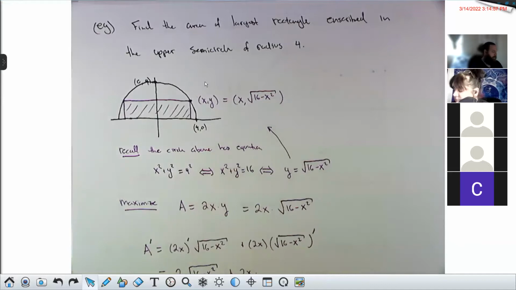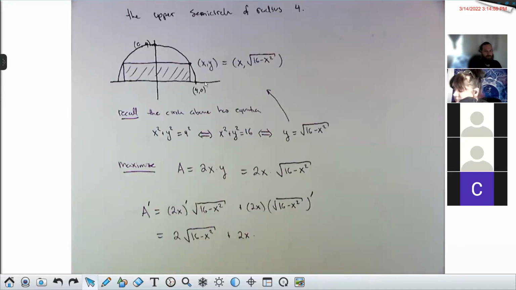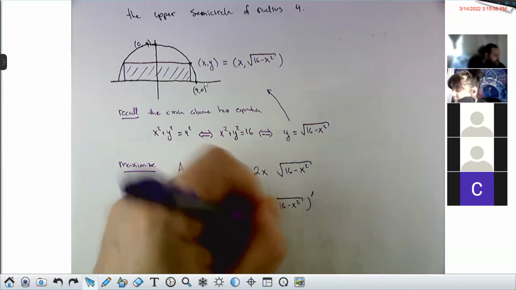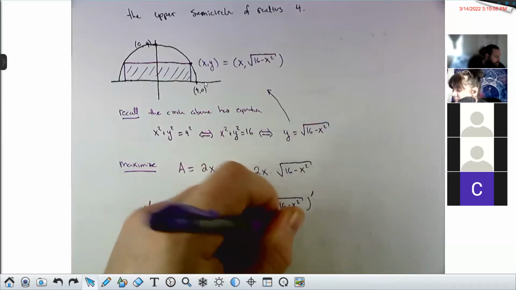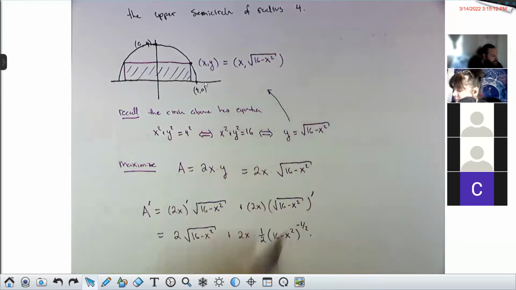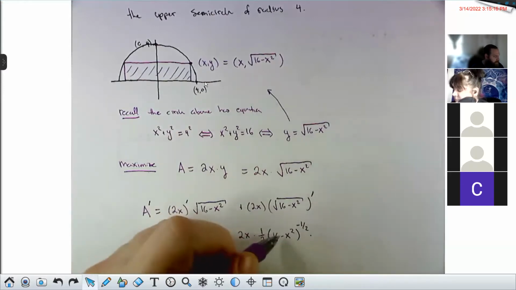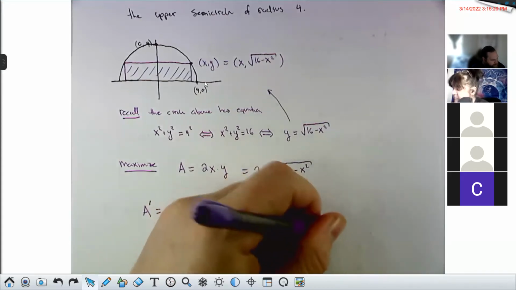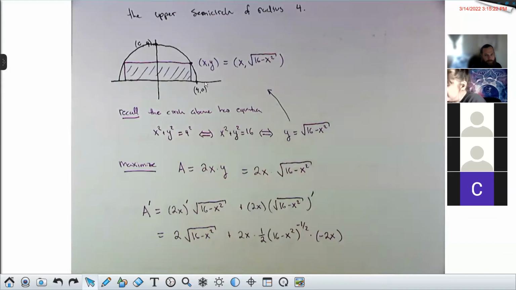Now, when I come to differentiating that second part, chain rule stuff, that square root is a 1/2 power. So this is going to be 1/2 times 16 minus x squared to the negative 1/2. Subtracting 1 from 1/2 is negative 1/2, times the derivative of the inside here, which is 0 minus 2x, or just minus 2x.